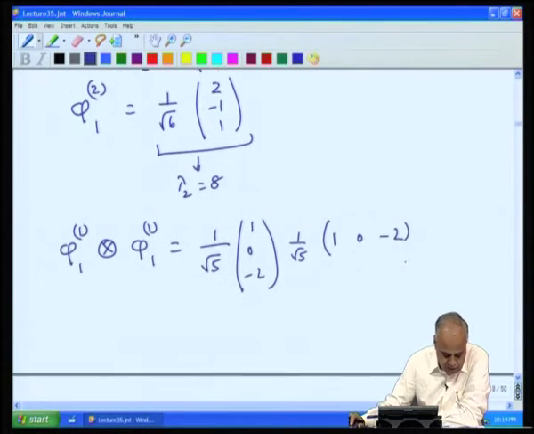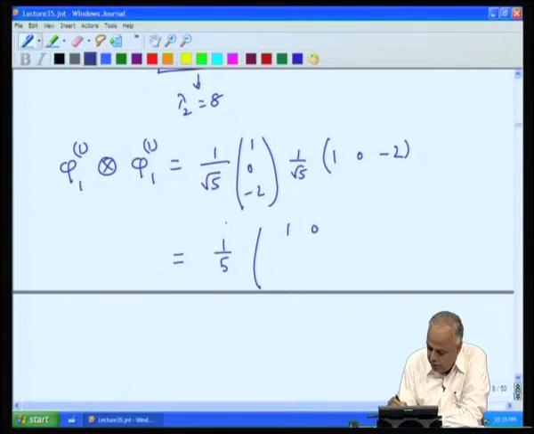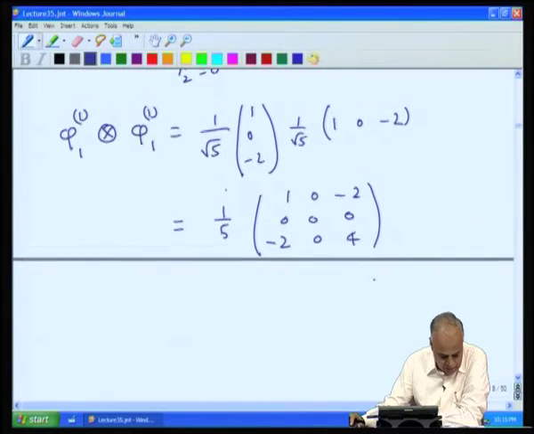Remember, everything is real here, so we have to look at the transpose, and the matrix is 1 by 5. If we carry out the product, we get this matrix. We have done this in the previous lecture also. It is a simple matrix multiplication, we get this.